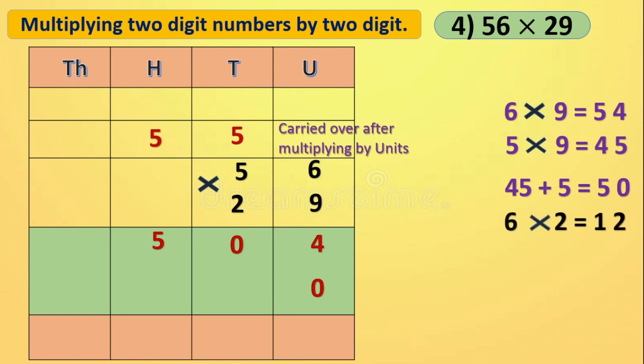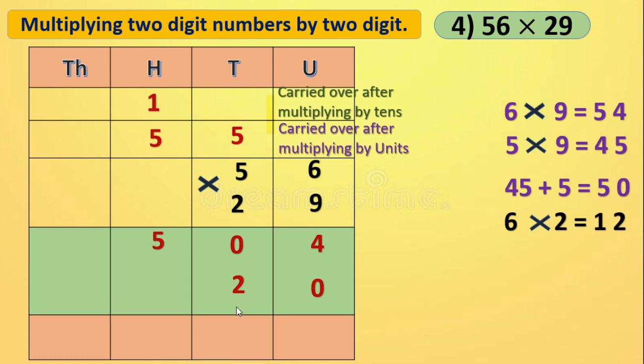Right? Here we will write 12. Now dear children, here 2 will remain here and 1 will be carried over. Where to write now? Yes, here in this row we can write the carried over after multiplying by tens. See here. Okay. This row we will use to write carried over numbers. 1 is carried over to hundreds column. Got this?